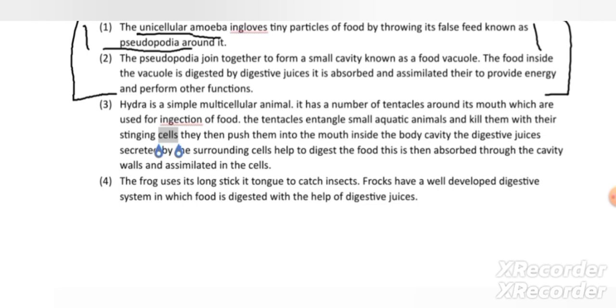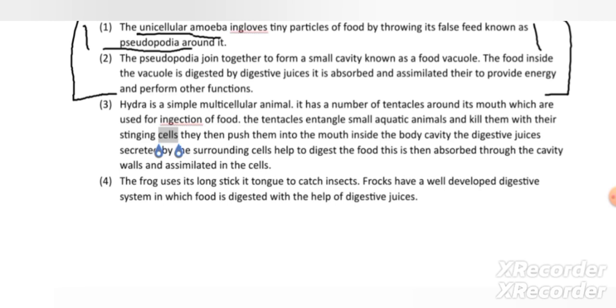The tentacles entangle small aquatic animals and kill them with their stinging cells. They push them into the mouth inside the body cavity. The digestive juices secreted by the surrounding cells help to digest the food. This is then absorbed through the cavity walls and assimilated in the cells. The tentacles entangle, meaning trap, small aquatic animals and kill them with their stinging cells. For example, honeybees have stings.